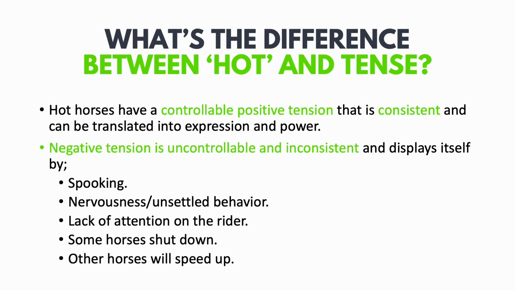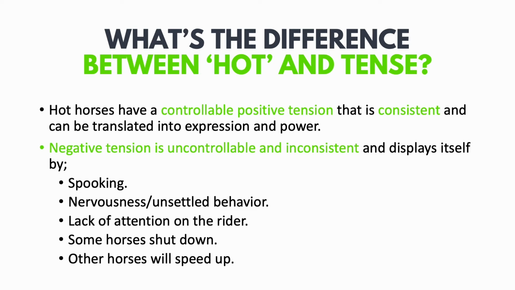Now, what I try to think of is that when a horse is negatively tense, it's no longer focused on the rider, and its focus is more outwards on what is going on around it. Whereas hot horses, I like to think, are just over-triers. They just want to get things right. They're just overly sensitive.